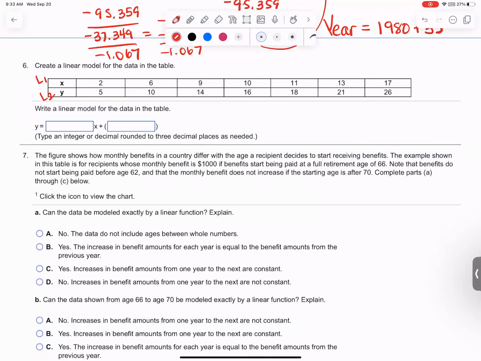And let's see if I can get this inputted. So I have 2, 6, 9, 10, 11, 13, and 17. So I have my X values in. Now I'm going to go to my second list and put in my Y's.